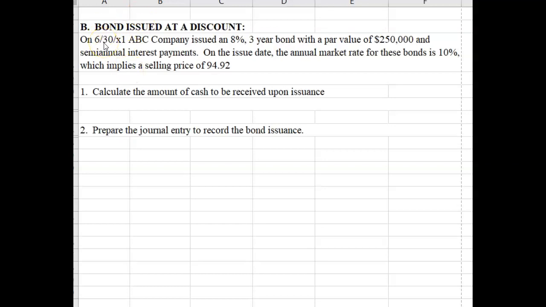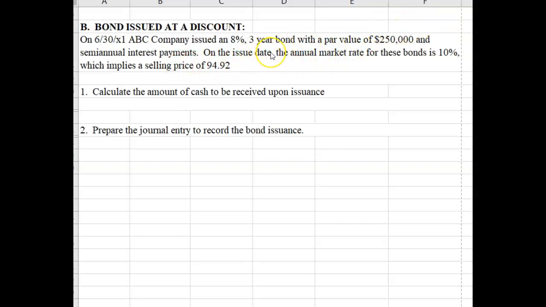On June 30th, X1, ABC Company issued an 8% 3-year bond with a par value of $250,000 and semi-annual interest payments. On the date of issue, the annual market rate of interest for these bonds is 10%, which implies a selling price of 94.92. So you are given an easy way to calculate the issue price of the bonds.